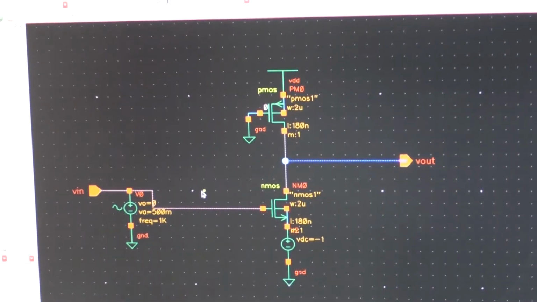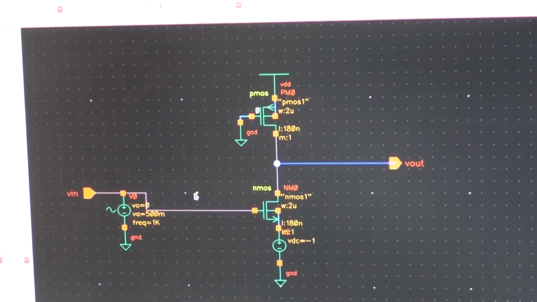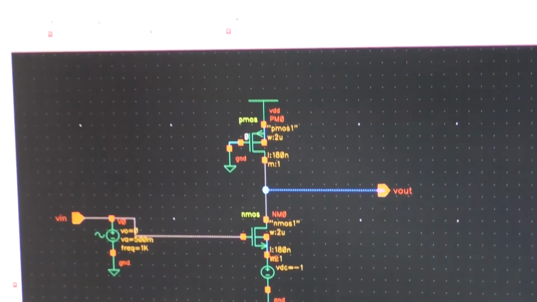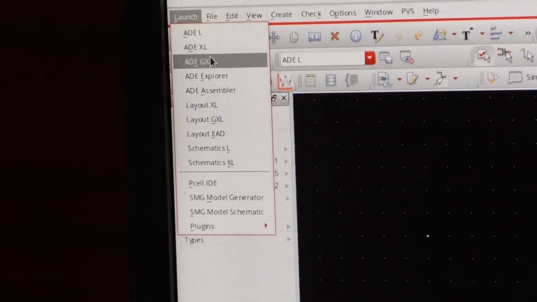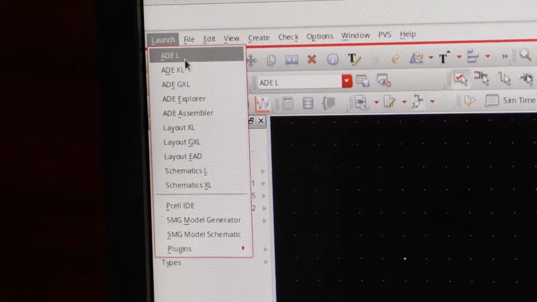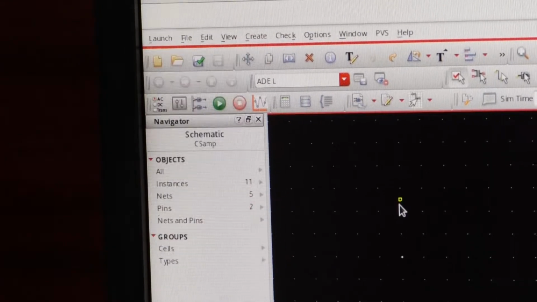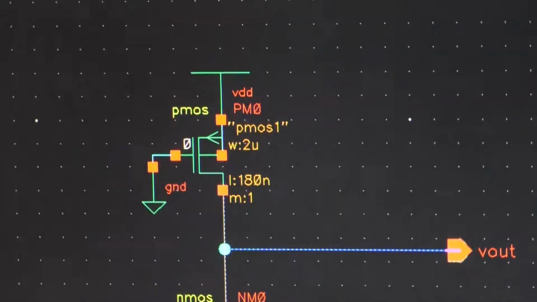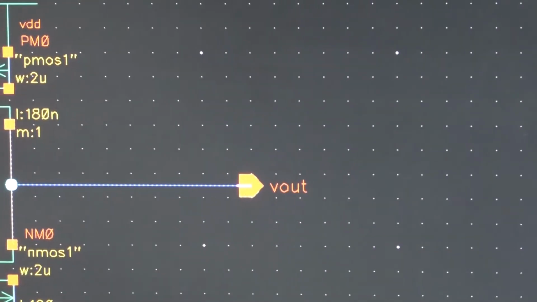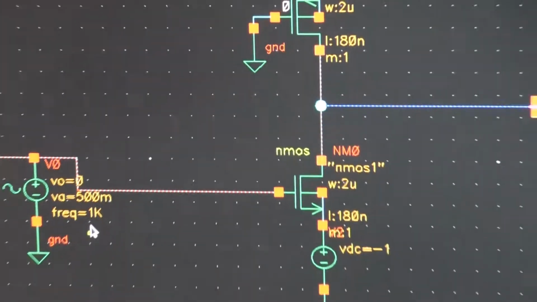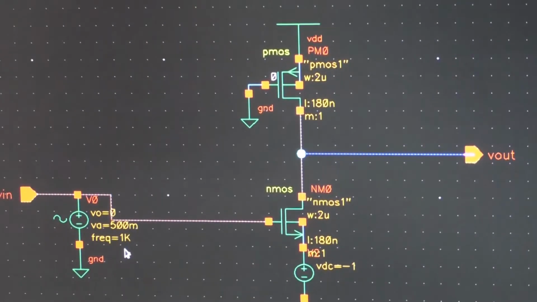And for the simulation, we have different environments. We have ADEL, ADEXL, ADEGXL, and we are going to use the ADEXL environment. And in ADEXL, as this frequency is 1 kHz, the period is going to be 1 millisecond.